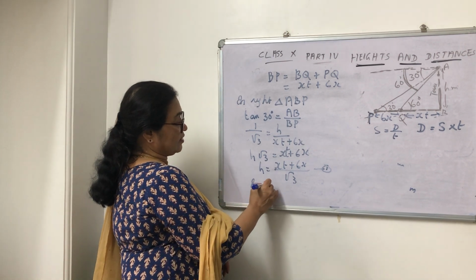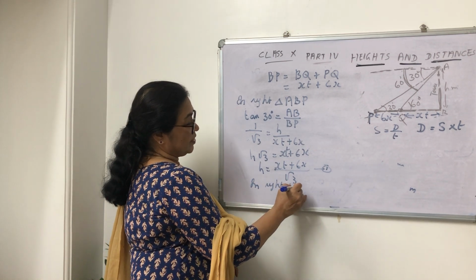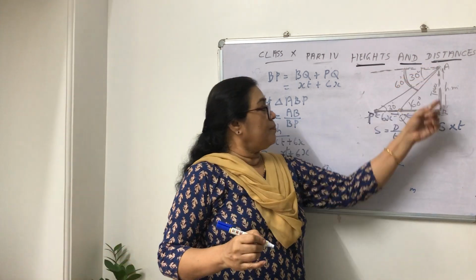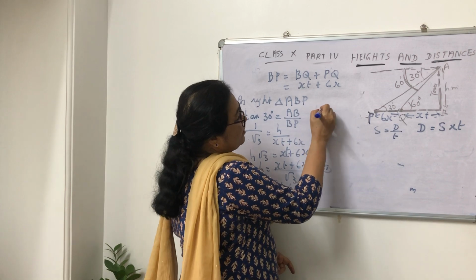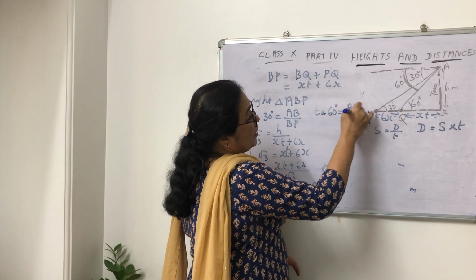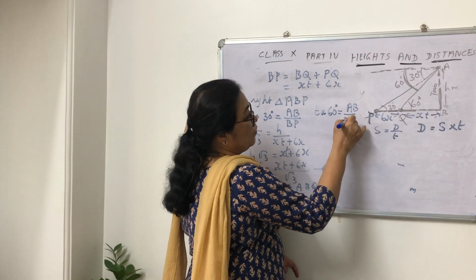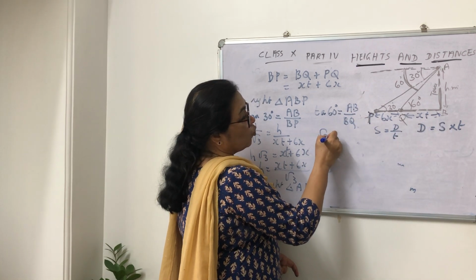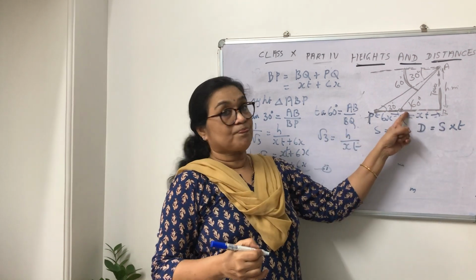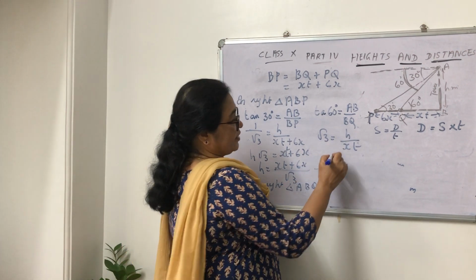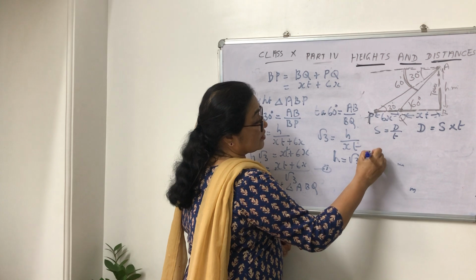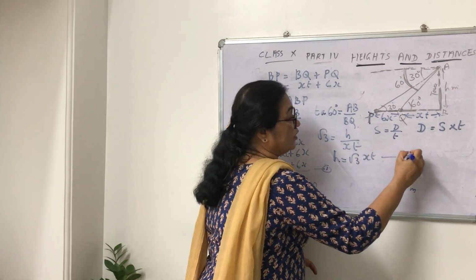Now I am taking the next right triangle ABQ. So tan 60 equals AB by BQ, that is root 3 equals h by xt. Then h is equal to root 3 xt. This is equation 2.